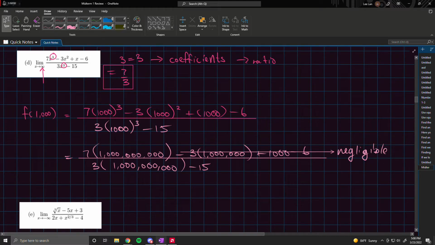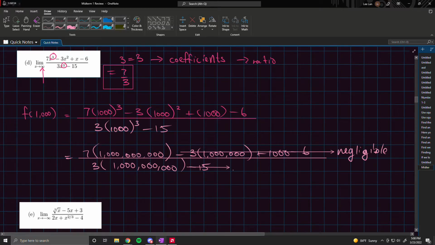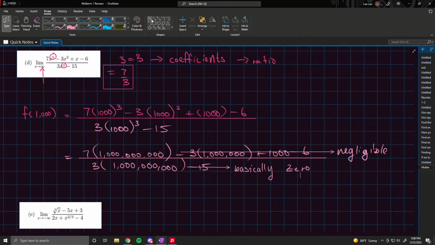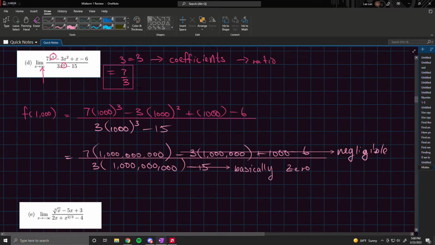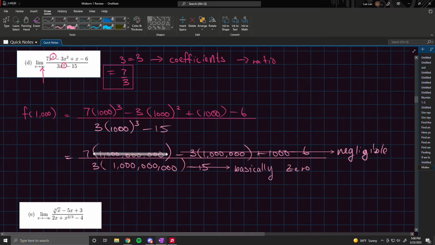If you look at the denominator, it's the same situation. 3 billion minus 15, what's minus 15 going to do in that context? It's basically 0. And with all fractions, even with large numbers, if you have the same thing on top and the same thing on the bottom, they cancel.